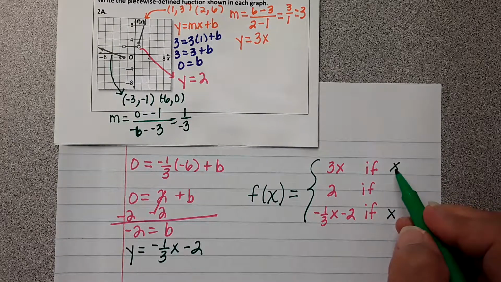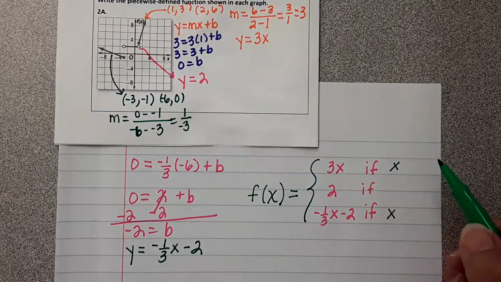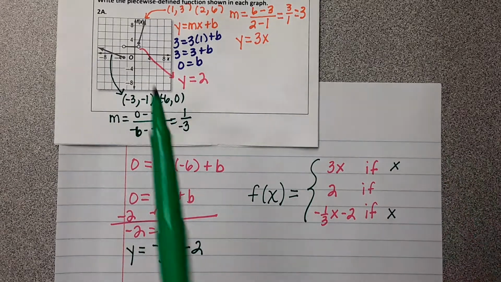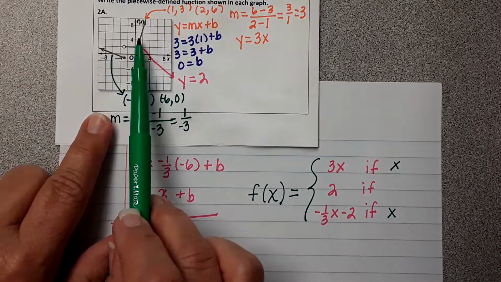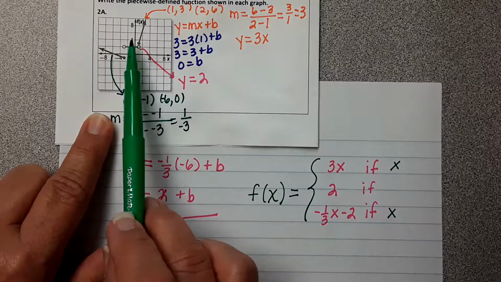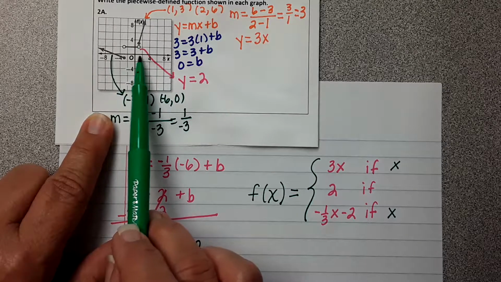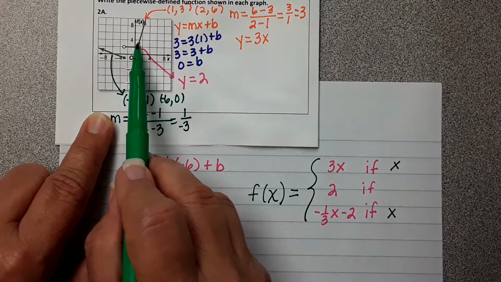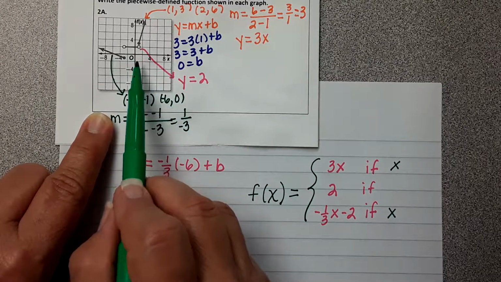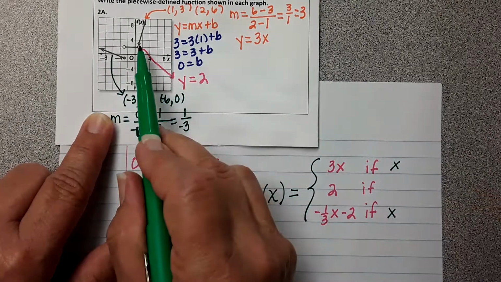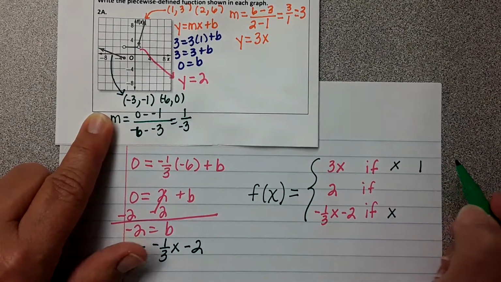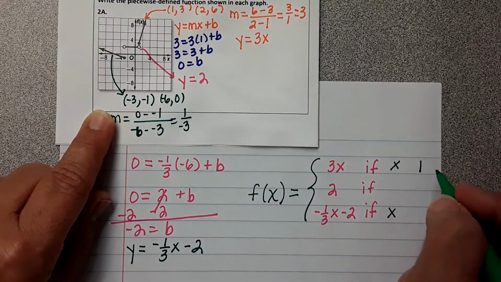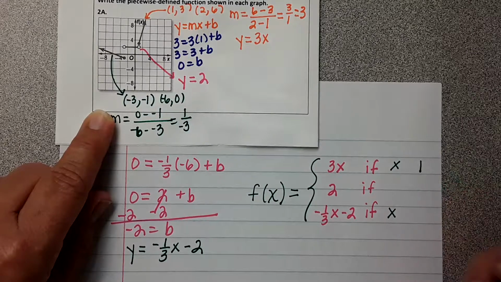So where does it start for the line that was in orange? What's x? This point right here was (1, 3), so x would be 1. Is it going to be greater than, greater than or equal to, less than, or less than or equal to?